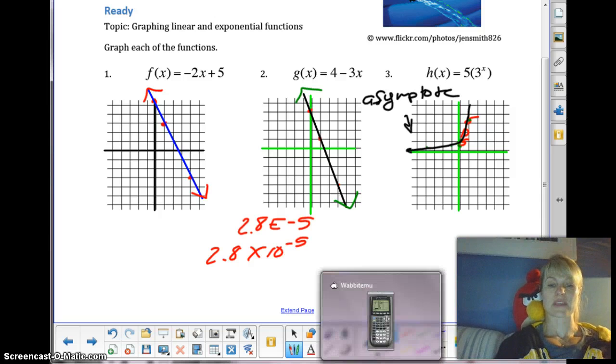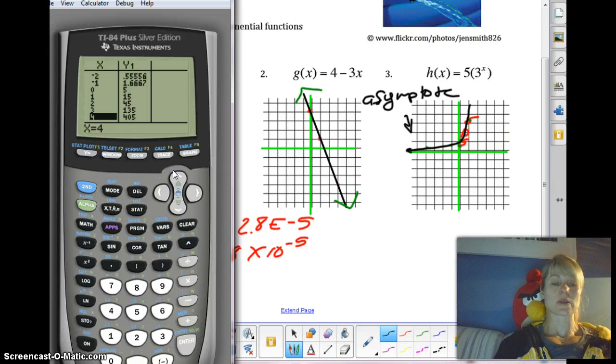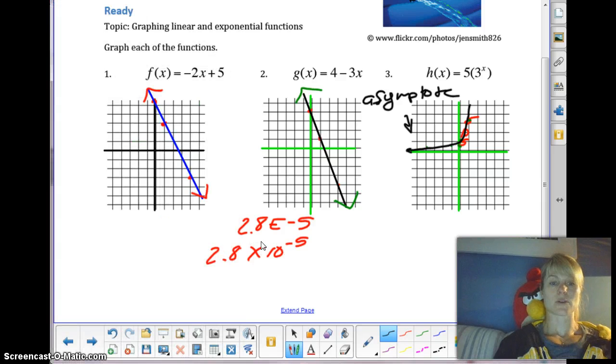Okay, I see the problem. Okay, so if we look at all our x and y's on the exponential function, you can see as the x goes negative, these numbers are getting lower and lower as they get closer to the x-axis but never touch. And so I was looking at this particular problem right here, 2.8 e to the negative 5. So that's what that is.